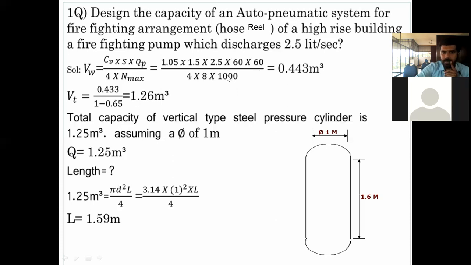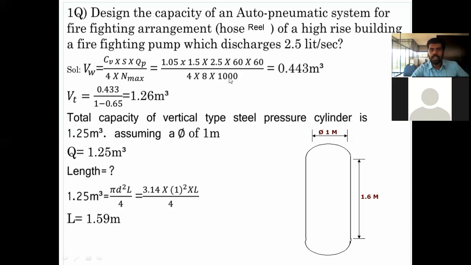So CV equals 1.05, S equals 1.5, QP equals 2.5 liters, which has to be converted to meter cube, so divide by 1000, and the seconds have to be converted to hours, so multiply by 60 into 60.